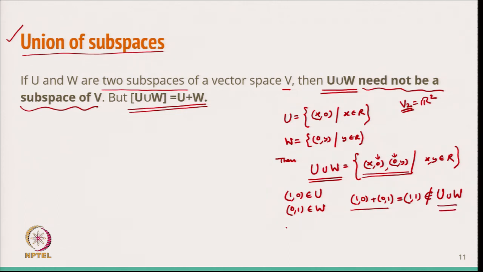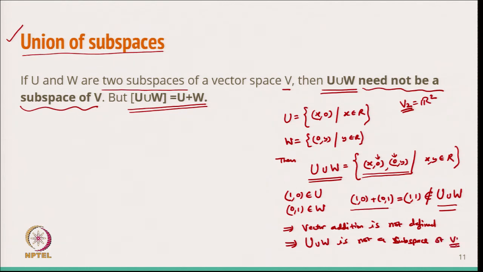So, from here I can say that vector addition is not defined, so U union W is not a subspace of V. Okay.